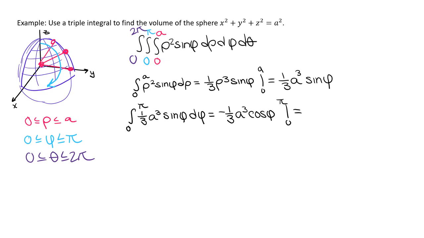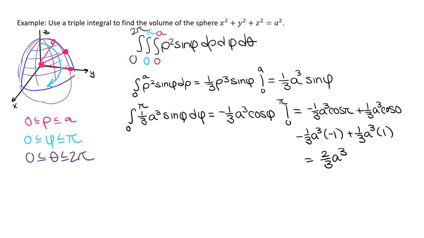So now that gives me negative 1/3 a cubed cosine phi. Plug in my bounds of integration of 0 and pi. Let's see, cosine pi is -1, cosine 0 is 1. Do some math. That became 2/3 a to the third.